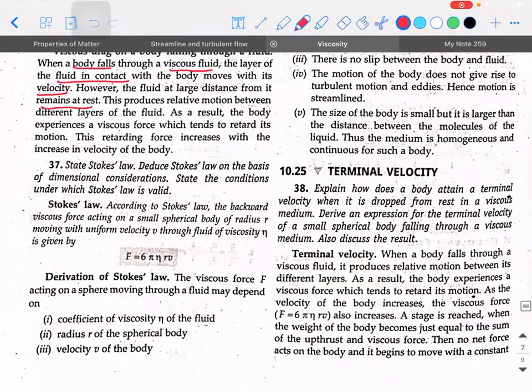So this gives rise to relative motion between the different layers of the fluid. If suppose you have a viscous fluid which is at rest, let's think of honey. You take a small sphere and drop it into it, you can actually observe that the layers in contact with the solid sphere will be at rest, whereas the other layers will have a relative velocity between them.